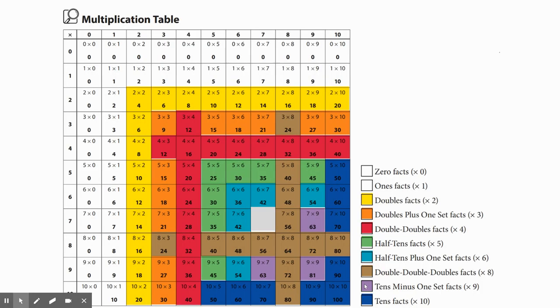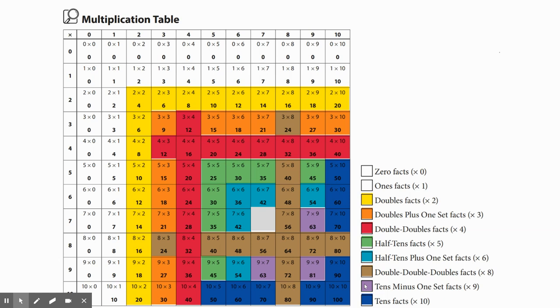Okay, so here's our multiplication table. So far in third grade, we have talked about our zero facts, our ones facts, our doubles, or times two facts, our doubles plus one set, or times three facts, our doubles doubles facts, which are times four, our half tens facts, which are times five, our doubles doubles doubles facts, which are times eight, our tens minus one set facts, times nine, and our tens facts.